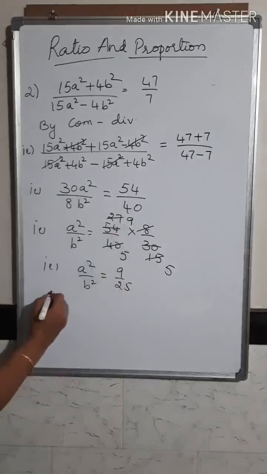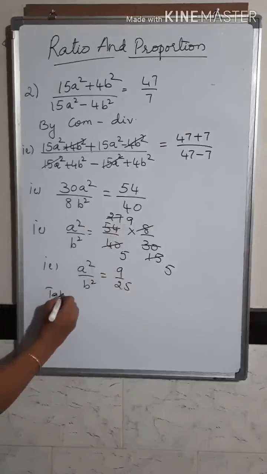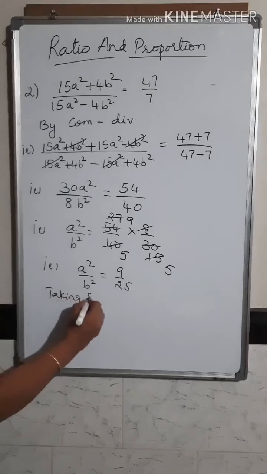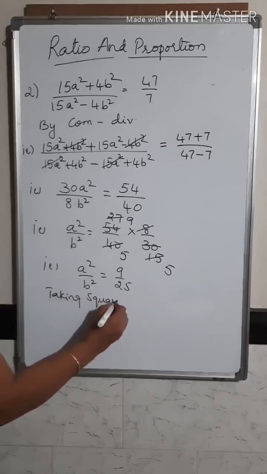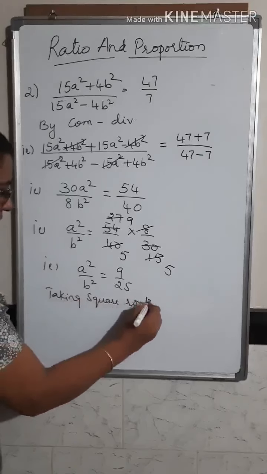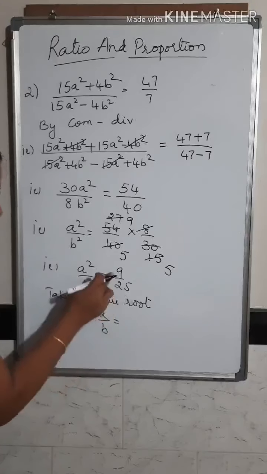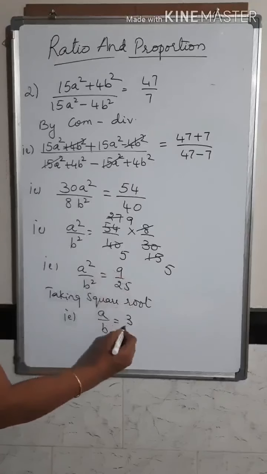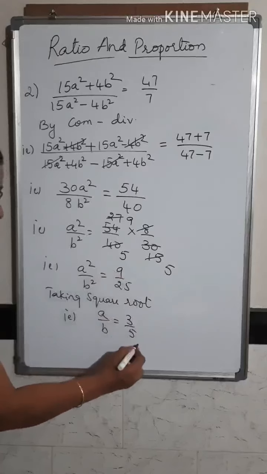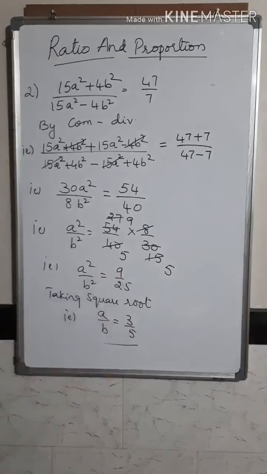Now take the square root. Taking square root, a upon b is equal to square root of 9, which is 3, and square root of 25, which is 5. So the first sub question you have already got: a upon b is equal to 3 upon 5.